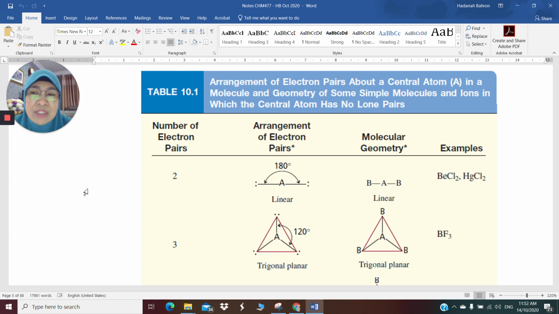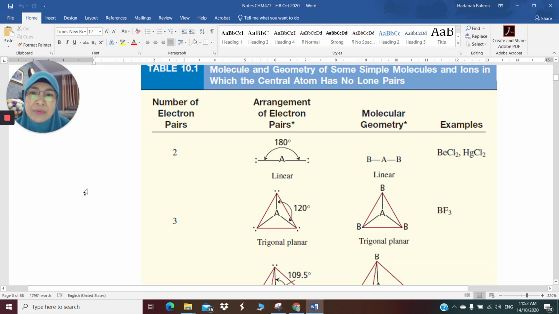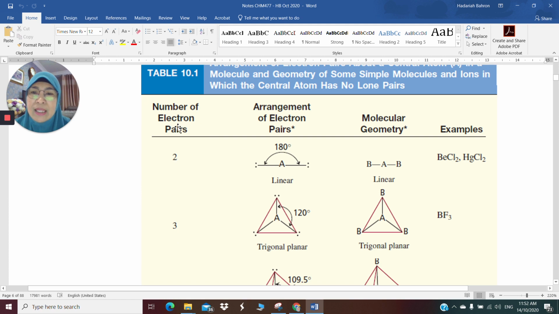Now, if you go through this table, if there are two bonding pairs of electrons attached to the central atom A, this is one bonding pair and this is another bonding pair. The two pairs will push each other away as far apart as possible in space, in 3 dimensions.